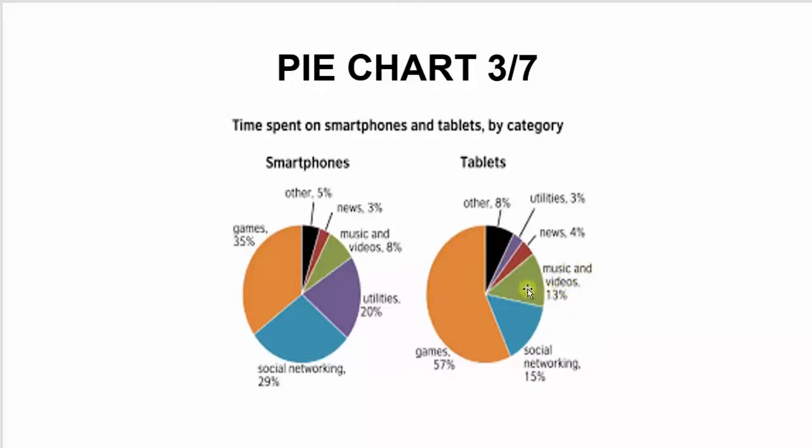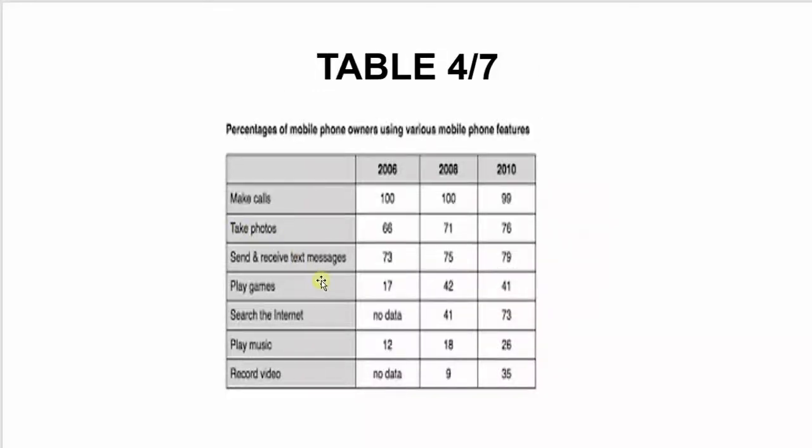The next visual I'll talk about is table. So for tables, I'm sure most of you are familiar with how a table looks like. We have the columns and we have the rows. It also has a title. Sometimes it is coupled with numbers and words, as can be seen in this case.